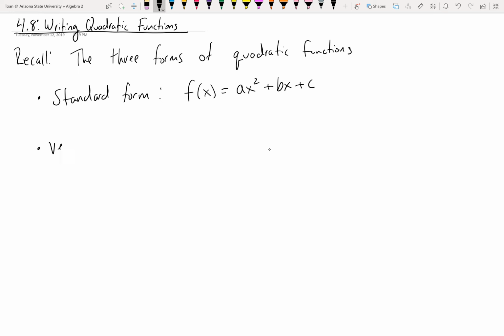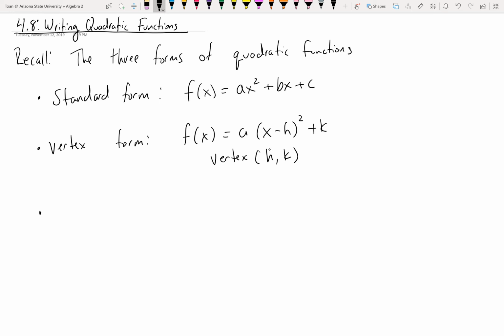So you have an x squared term, an x term, and a constant term. We have vertex form, which looks like a times x minus h quantity squared plus k. And the reason why we call it vertex form is because the vertex is always located at h comma k.